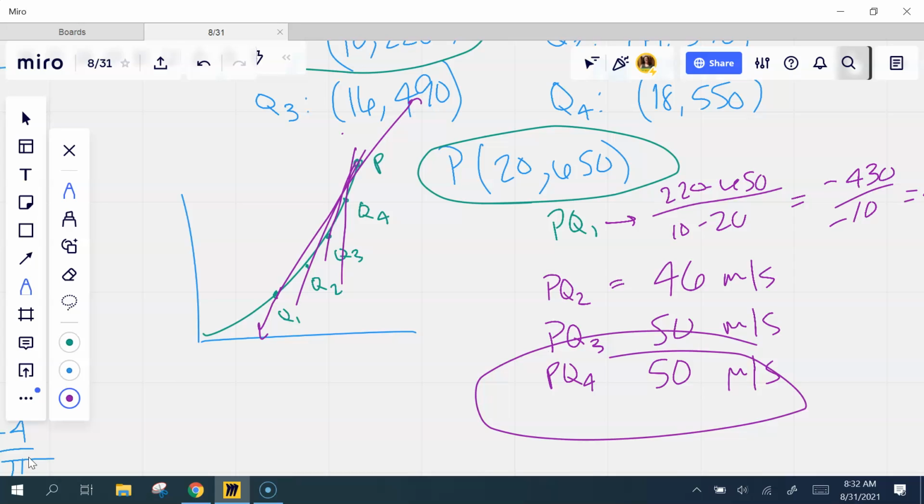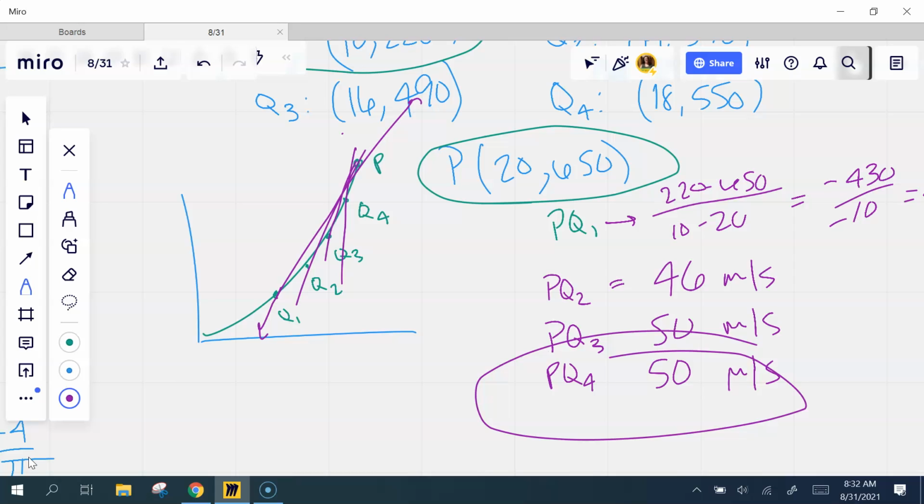Anyway, that should help you with 8 also, because 8 is the exact same thing. This was not a formula IROC. We're going to say that's a good estimate. That's the best estimate we can make because Q4 is the closest point we have to P. So we use those two.